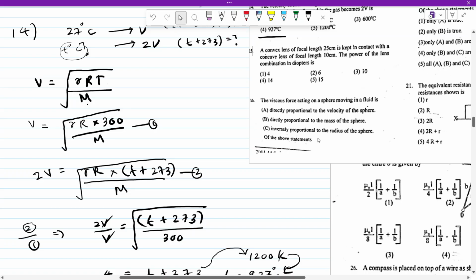When finding the focal length for the combination of the focal lengths, we have an equation.